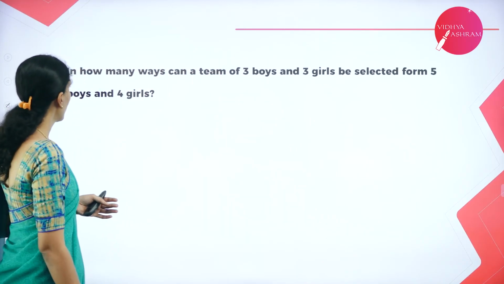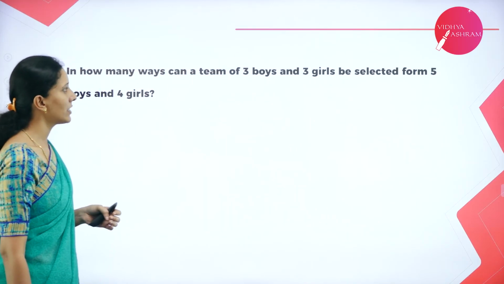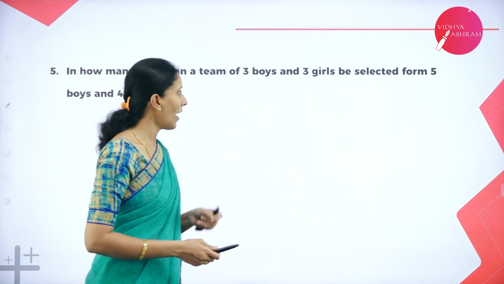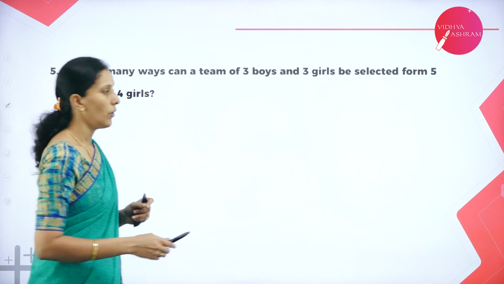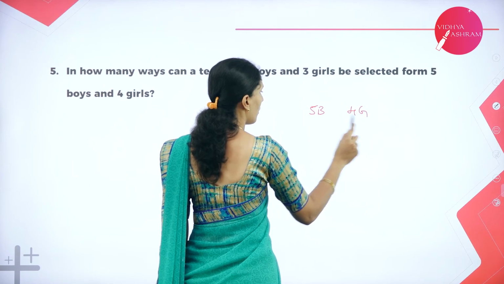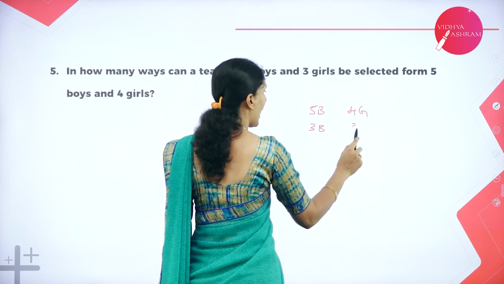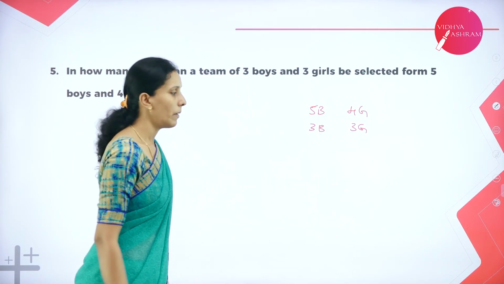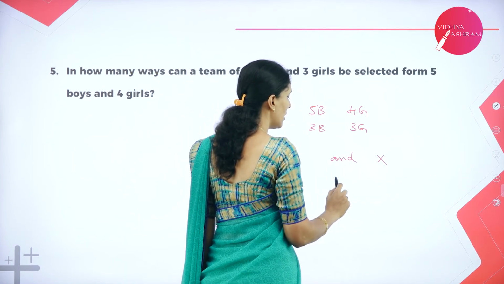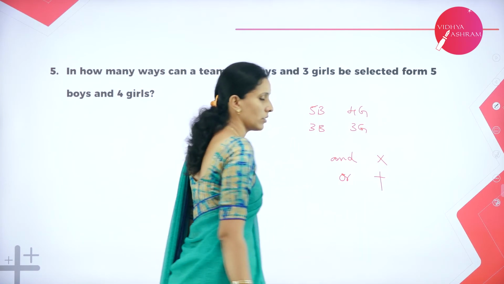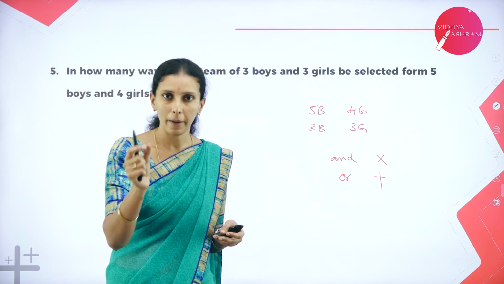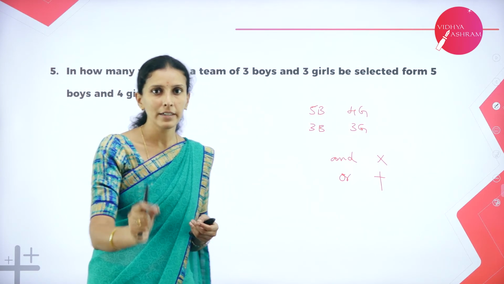Next we have: in how many ways can a team of 3 boys and 3 girls be selected from 5 boys and 4 girls? So we have 5 boys and 4 girls, and we need to select 3 boys and 3 girls. Remember, in a combination, 'and' is nothing but multiplication, 'or' is nothing but addition.